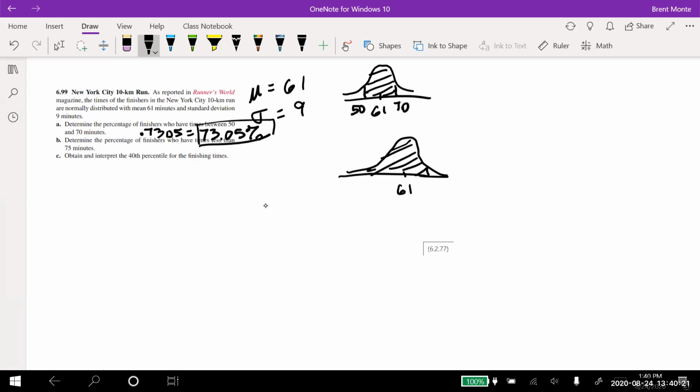Okay, now this one's less than 75 minutes. There's my 75 minutes. So I just go back to StatCrunch. What we had, 61 and 9, so I had those numbers right, and then less than 75.